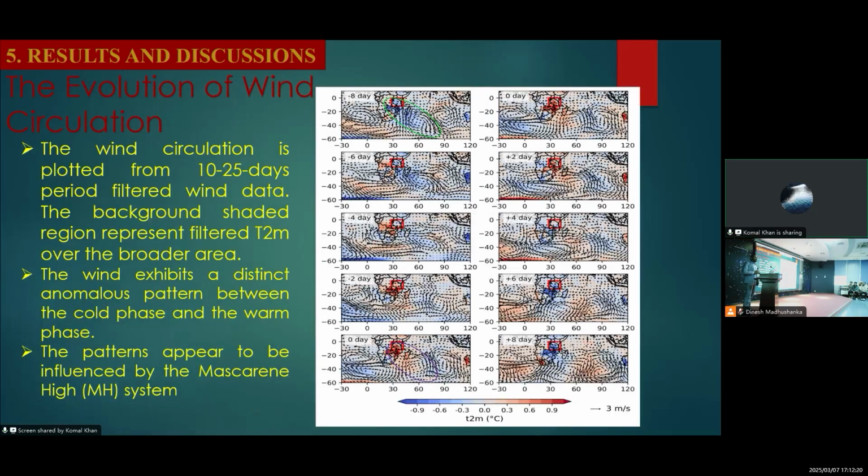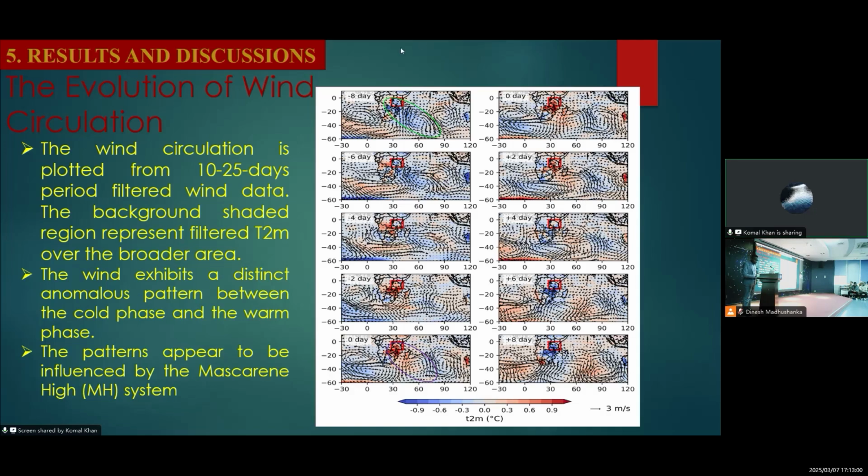Now we want to analyze the systems which are associated with this variability. To do that, we plotted the time evolution of wind to see how this wind evolution takes place, overlaid with the temperature. As you can see here, the shaded contour indicates the temperature, while the arrows show the wind direction.